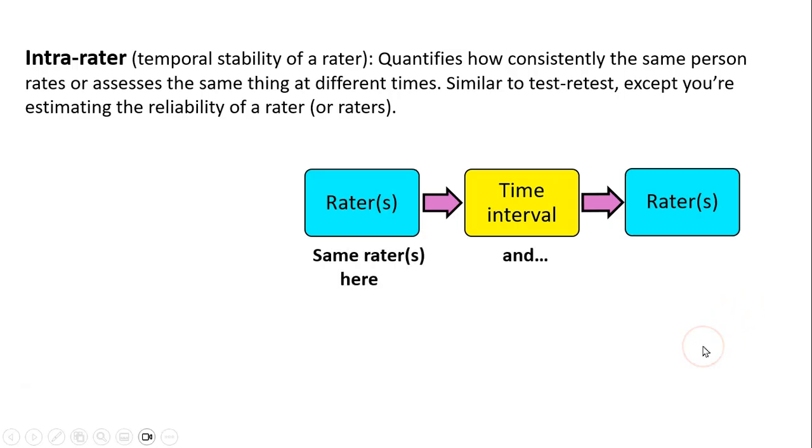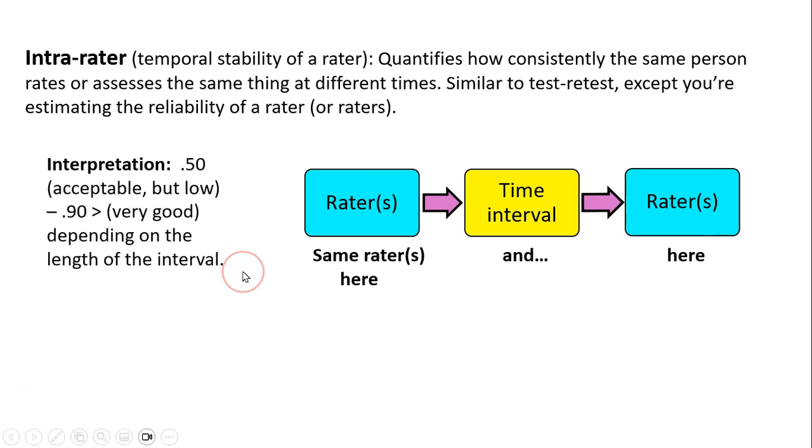So you have the same raters at both times, here and here. That way we have intra-rater reliability. The interpretation on that one is similar to the test-retest, 0.5 acceptable but low to 0.9 or greater, very good, depending on the length of the interval.